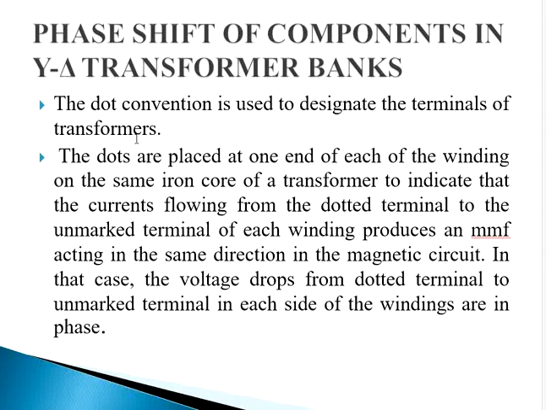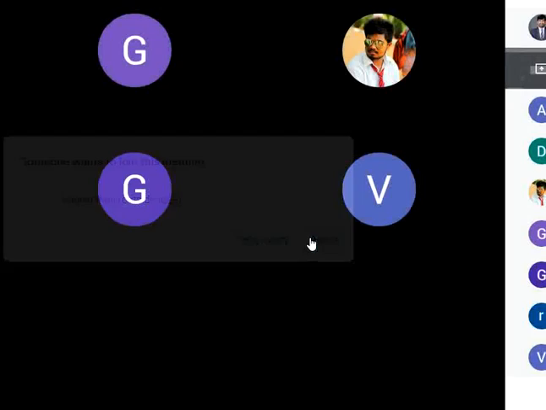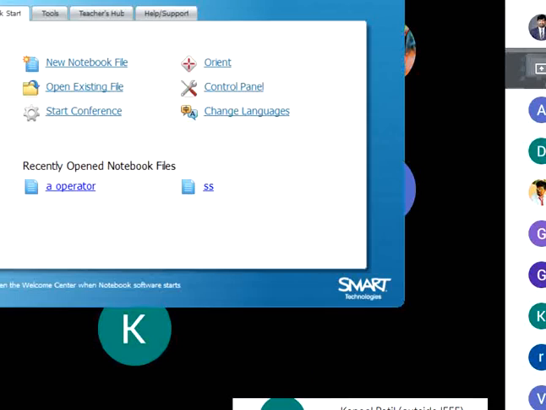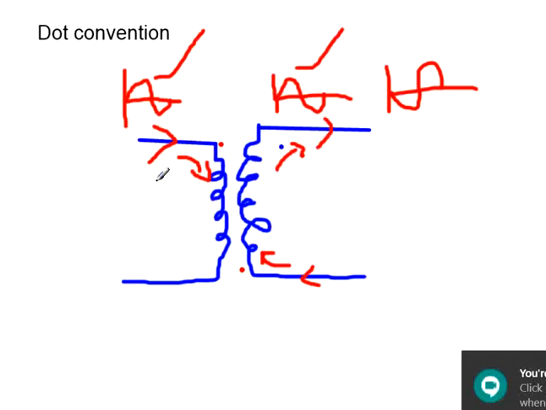Either the current is entering or the current is leaving, which terminal is positive, which terminal is negative. To indicate that, we are using the dot convention.